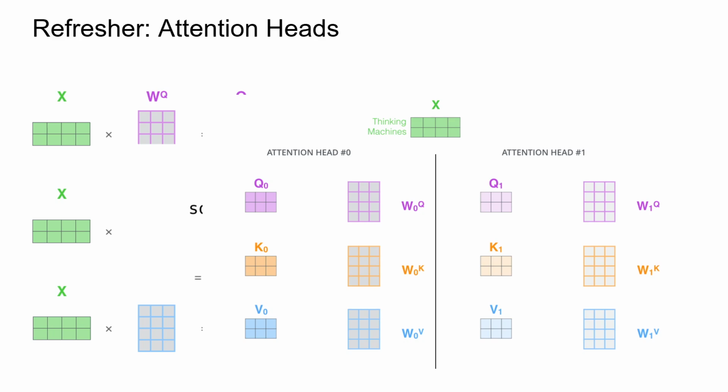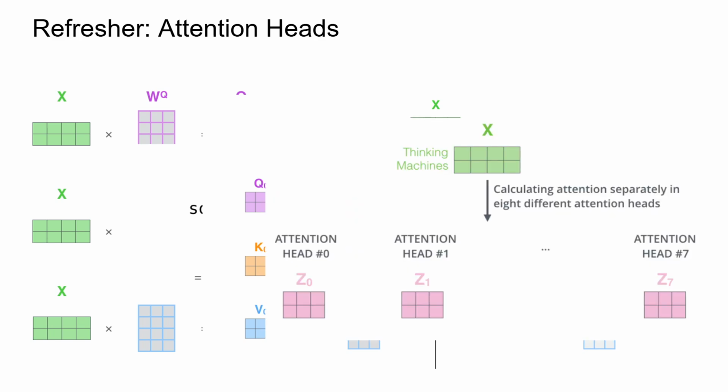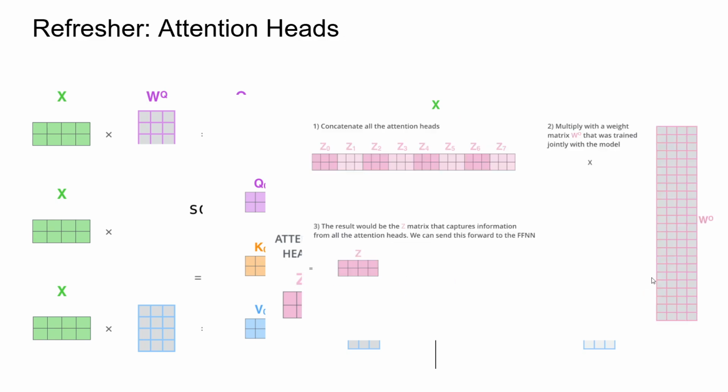For instance, if you have two attention heads, you will have two separate sets of query, key and value matrices, one per attention head. Then again, you will compute these attention head scores called Z. Suppose you have 8 different attention heads, then you have all the way from Z0 to Z7.